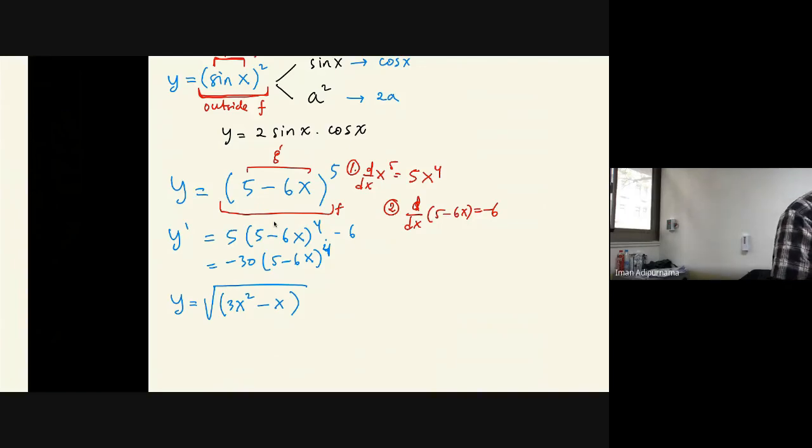From the previous example, you can think of this as the square root of A, and then you have A equals 3x squared minus x.